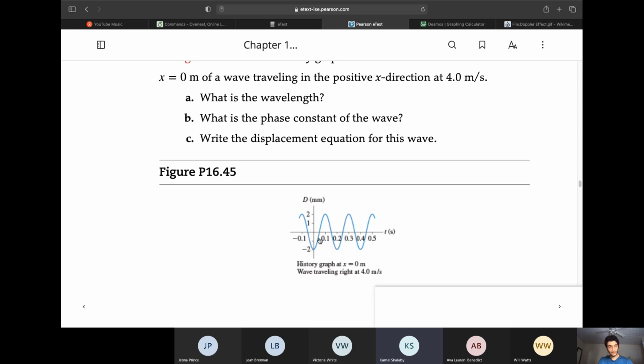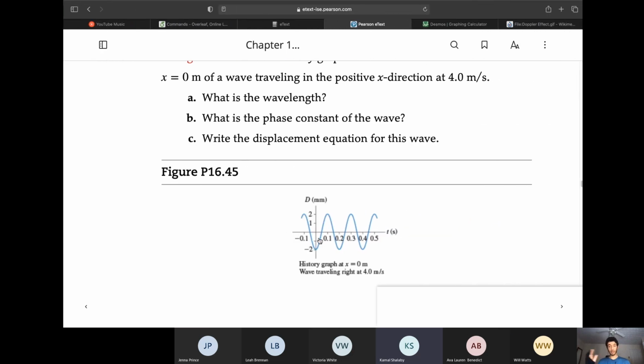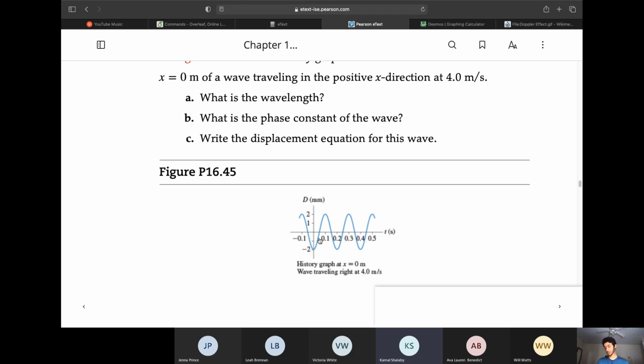You can say that. You can say 3 pi over 2, or you can say negative half a pi. So either is totally correct. There's no this-is-right and that-is-wrong. So if you said, okay, this is the start of my wave.